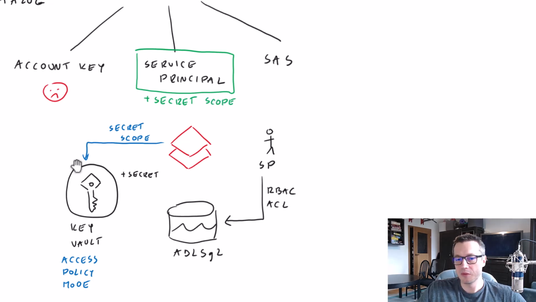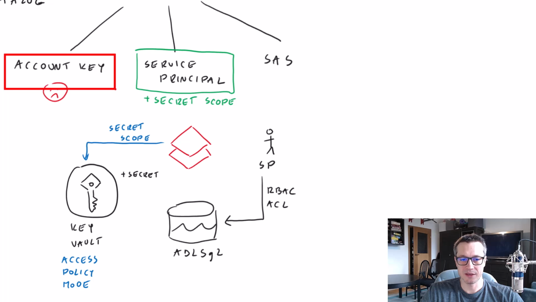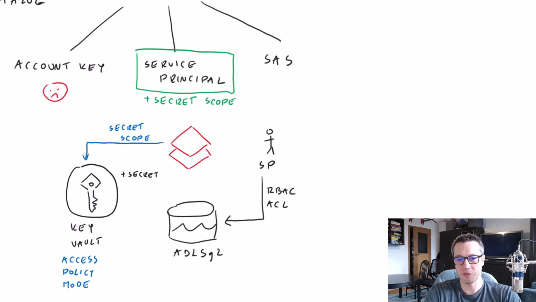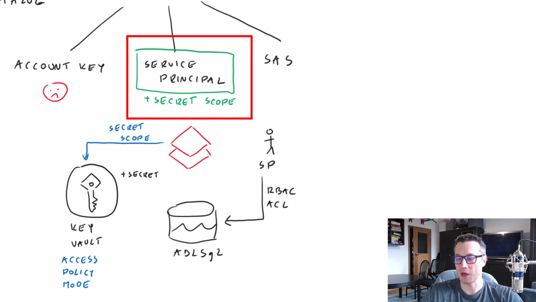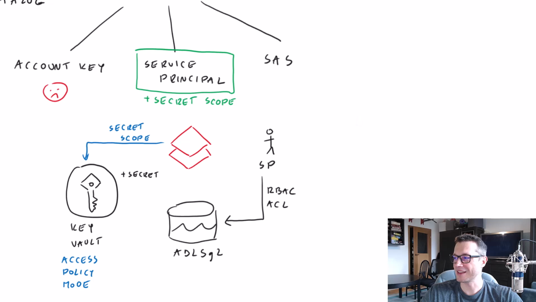And now, obviously, those secret scopes could be used also to store our SAS tokens or our account keys, because it is just a reference to a key vault. But out of those three so-called legacy methods, the one that I prefer to use is the service principal 1, because I like it the most.